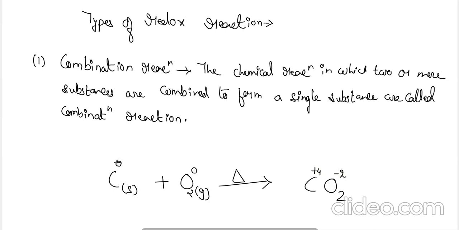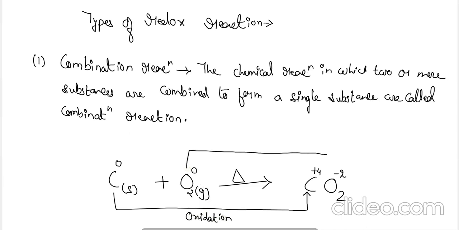So for carbon the oxidation number has increased, which means oxidation is seen in the case of carbon, while in the case of oxygen, from 0 to -2 it has decreased. It means that reduction is seen here in the case of oxygen.